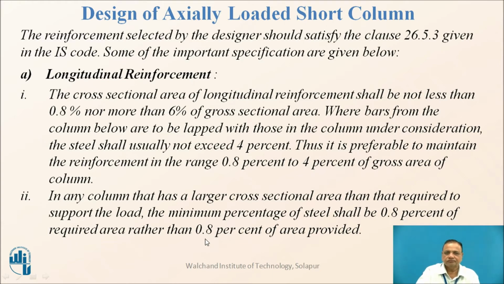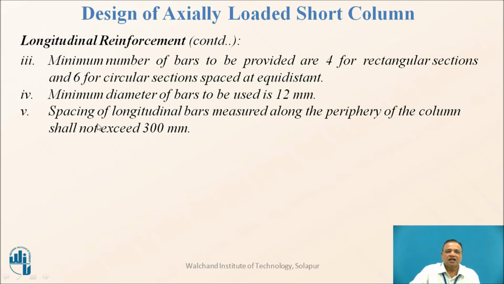For the longitudinal reinforcement, the minimum number of bars to be provided is 4 in a rectangular section and 6 in a circular section, provided equidistantly. The minimum diameter of bars that can be used, which is very important, is 12 mm.